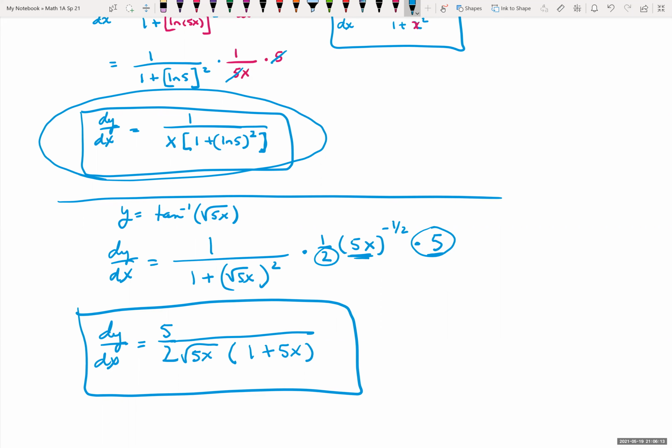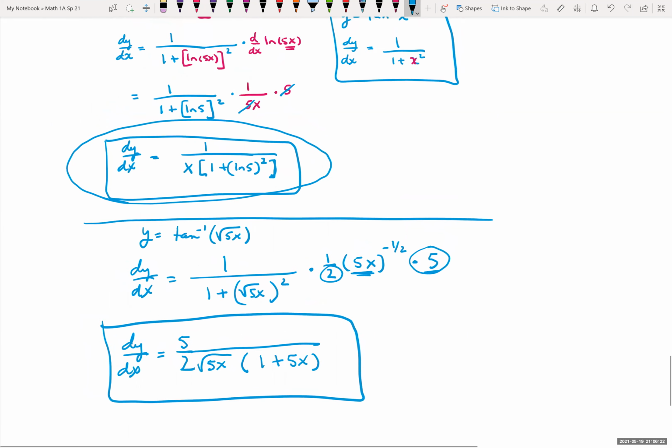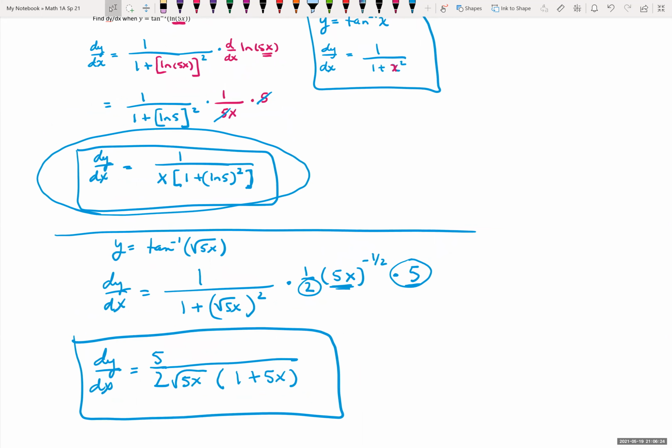No, I mean, that's only ln 5 or ln 5x. Oh. Did I miss the x in there? I did miss the x in there. I see what you're saying. Thanks, Mohammed. Right here, this 5, I dropped my x. You're right. Thank you for catching that. Everything else looked good.